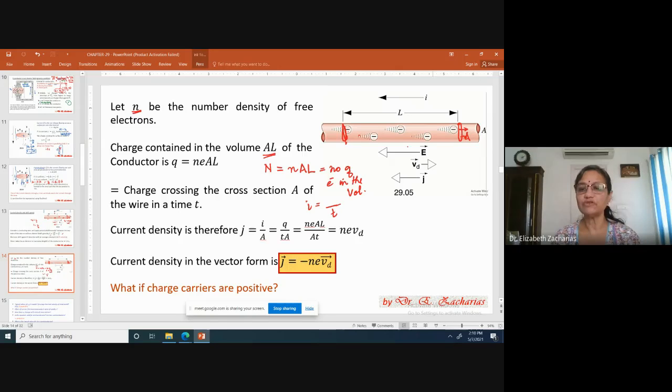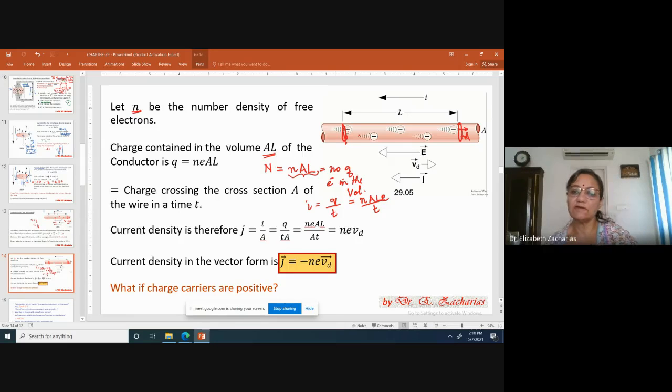So I can safely assume that this entire small n AL will cross, and let each of them carry a charge E, the charge of the electron. So what is the total charge that will be crossing? It will be n A L, the number, into the charge of each electron, divided by time, will be the current.